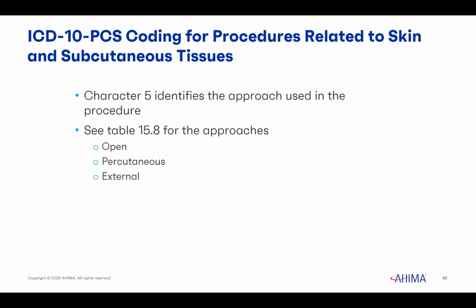So if a procedure is being done on fascia, on the skin, it could very well be external. It could also be percutaneous or open if it's getting to the site itself, the deep fascia and what have you. So you have to read the op report carefully.